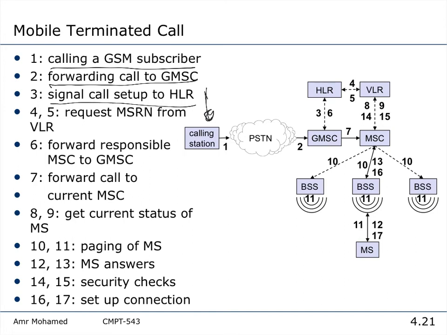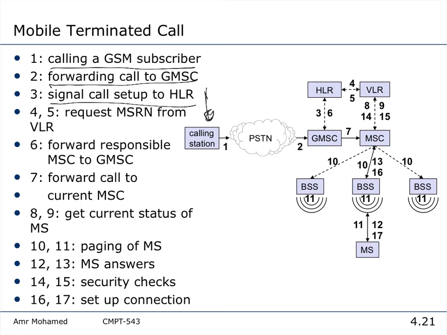Why? Because the HLR is a centralized database, again, different from what we have discussed. The HLR is a centralized database which has all the information about me, including the location area of where I am now. Okay?